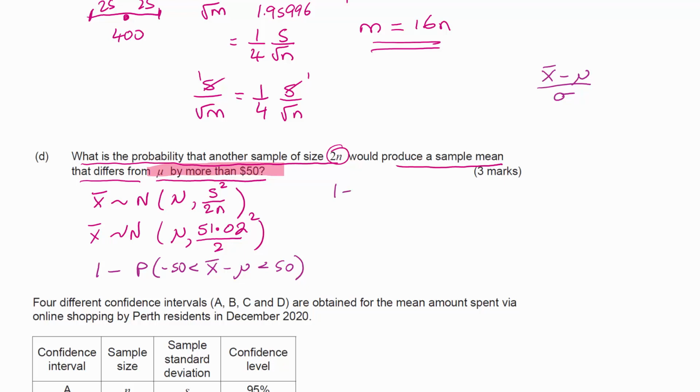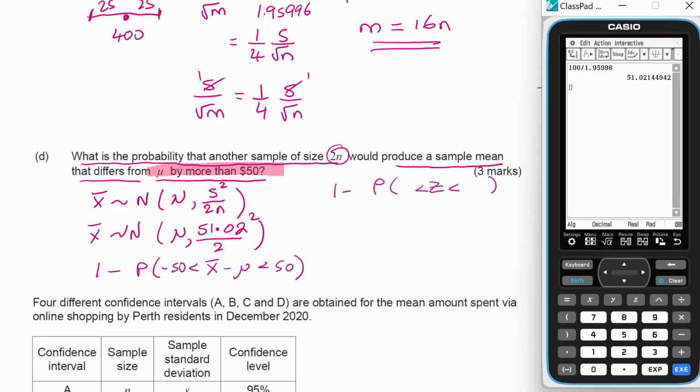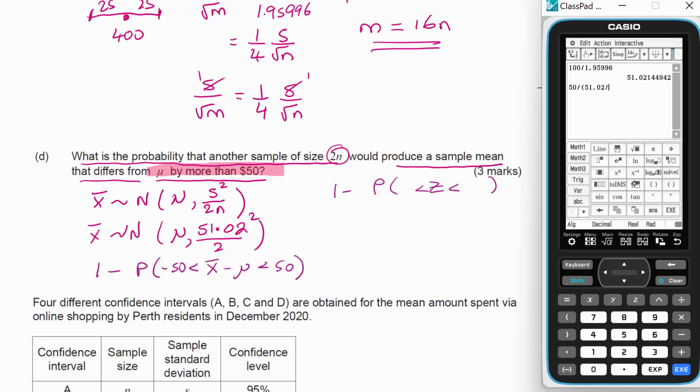So that's 1 take away the probability of z being between 50 divided by 51.02 over root 2.